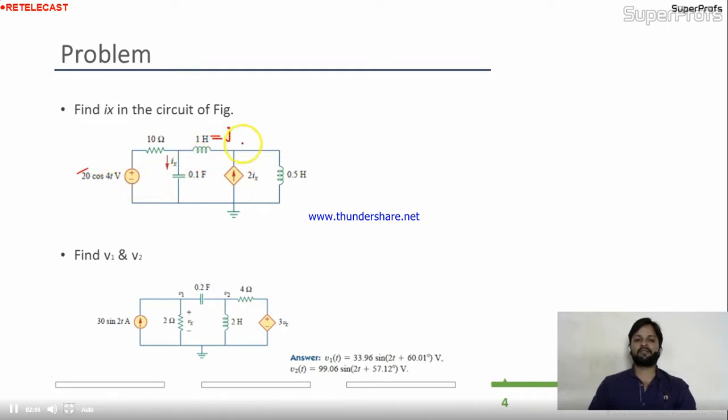So j omega, what is omega? 4. L, what is L? 1. So this is nothing but 4j. The value of this 1 Henry becomes 4j in the form of inductive reactance.